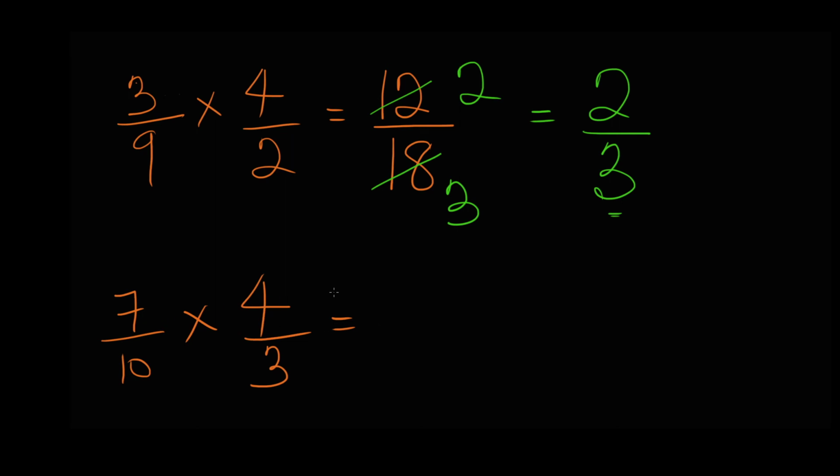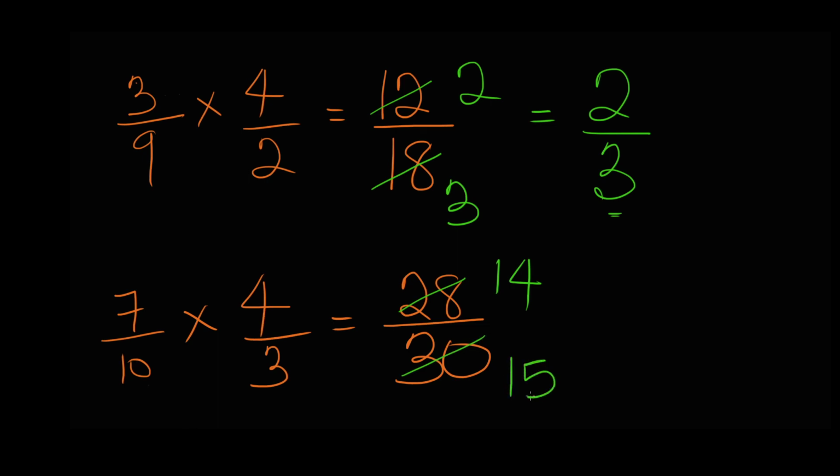7 times 4, 28, over 10 times 3, that gives me 30. If you take a look at this fraction, you realize that this can be simplified further, because 2 can go into 28, that gives me 14, and 2 can go into 30, that gives me 15.